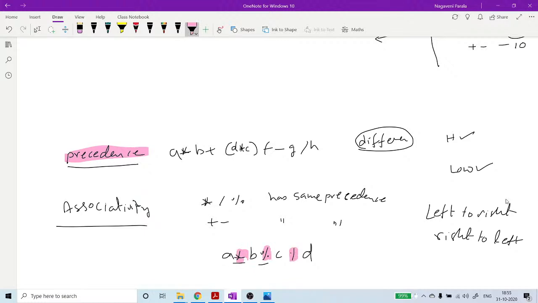When an expression consists of operators of the same precedence, then I need to follow the associativity.